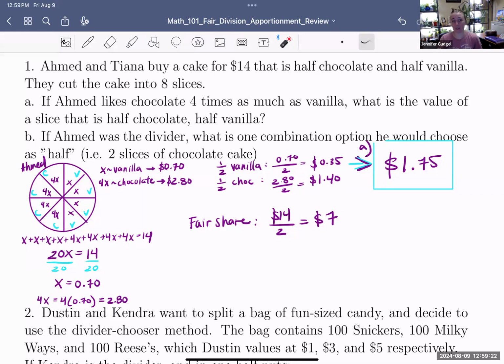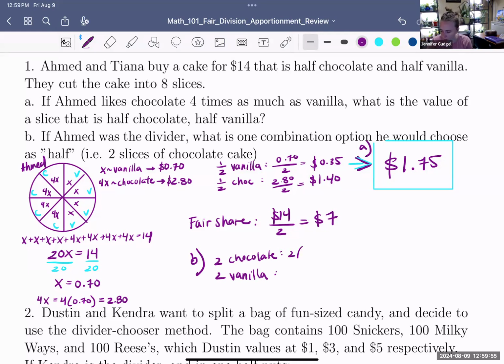An easy way, if you have an evenly divided cake or whatever shape you have, if there's an even amount of slices where each of the flavors have an equal amount of pieces, 4 and 4 in this case, half could be 2 chocolates, 2 vanillas. All right, that's going to work out to be a fair share because no matter what the valuation is, it's half of the values, half of the 70-cent pieces, half of the $2.80 pieces.